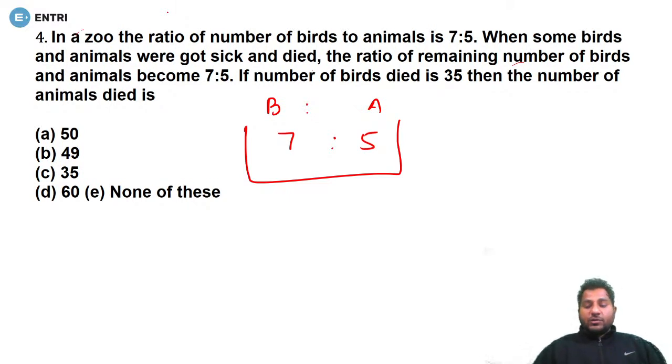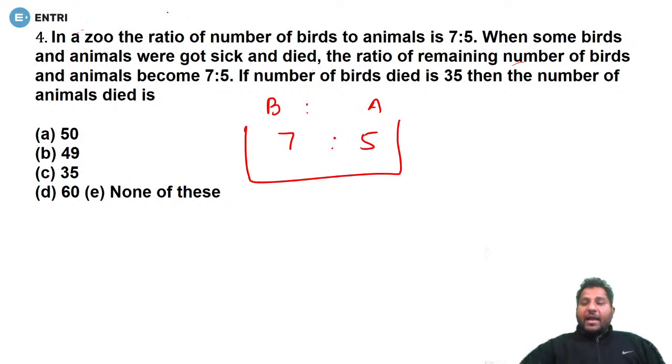You will use the constant method, because it has not been given in terms of ratio. So you need to use it according to the situation. They are asking, if the number of birds died is 35, then find the number of animals died. So they have given the clear value in the final part. So tell me how you are going to approach this question.